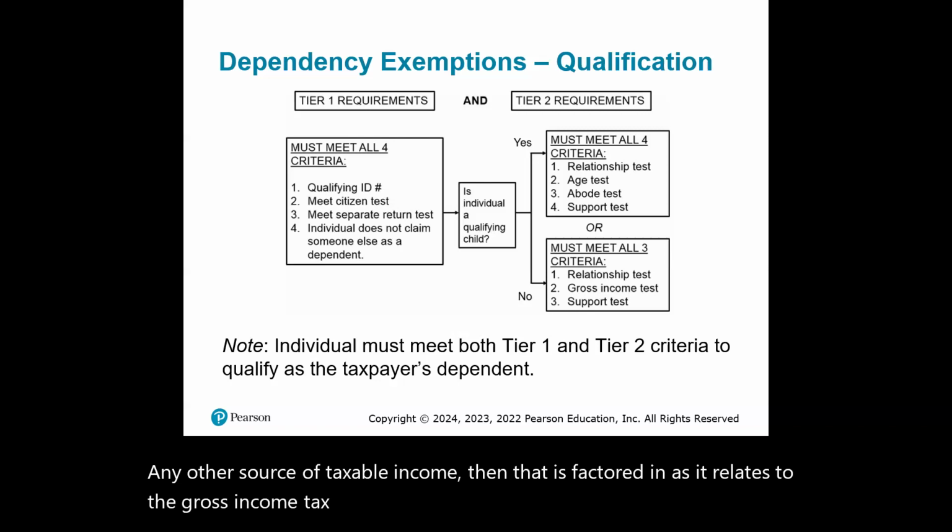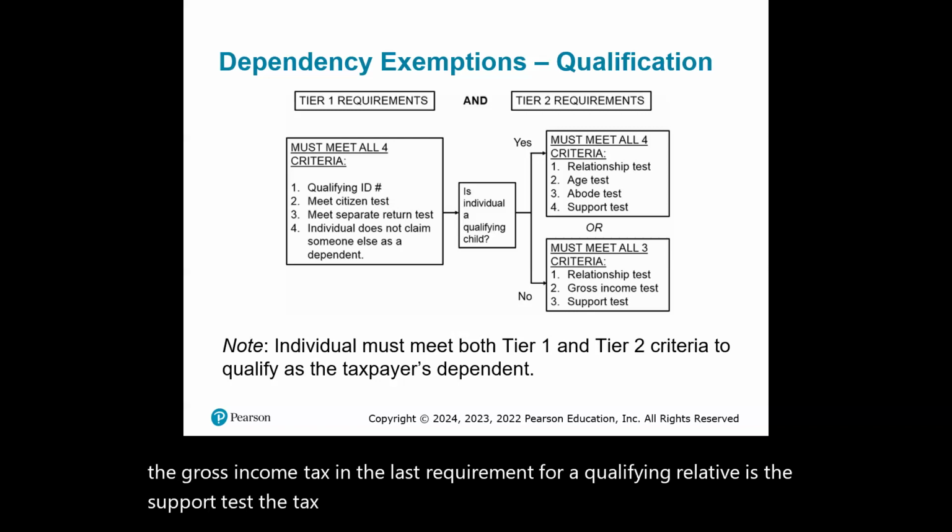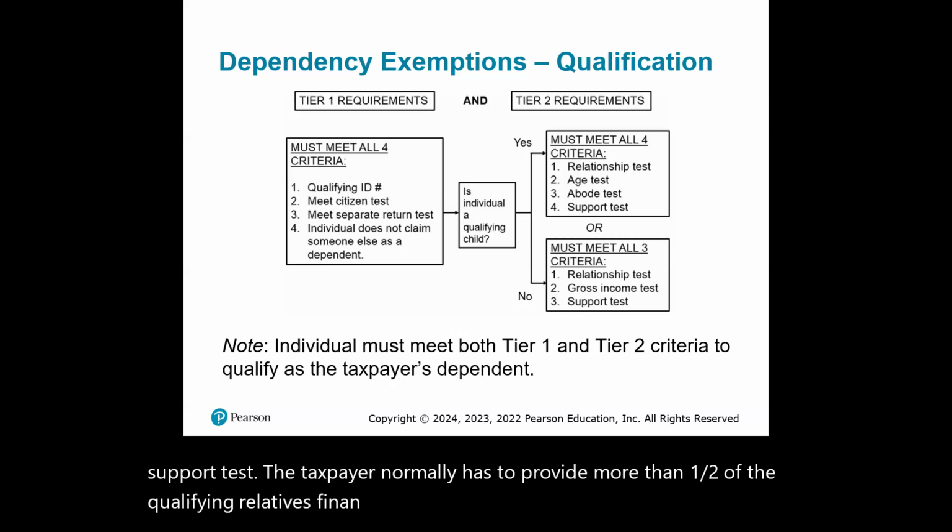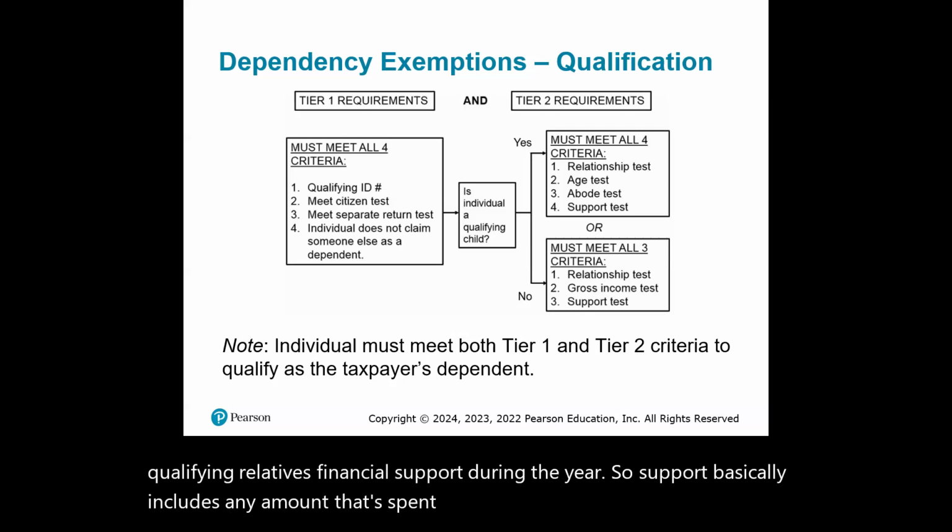And the last requirement for a qualifying relative is the support test. The taxpayer normally has to provide more than 1/2 of the qualifying relative's financial support during the year. Support basically includes any amount that's spent by the taxpayer, the dependent, or other individuals.